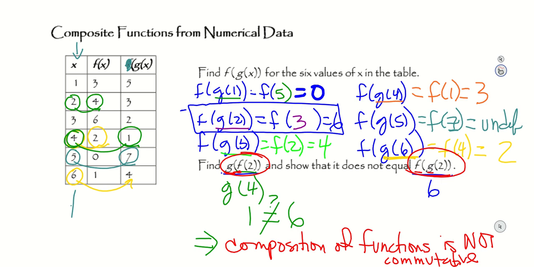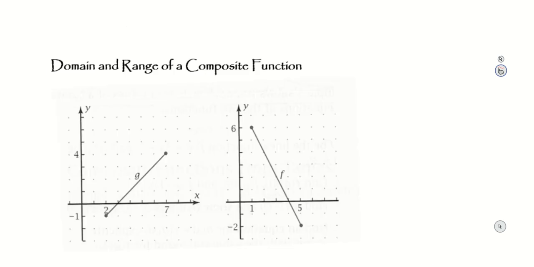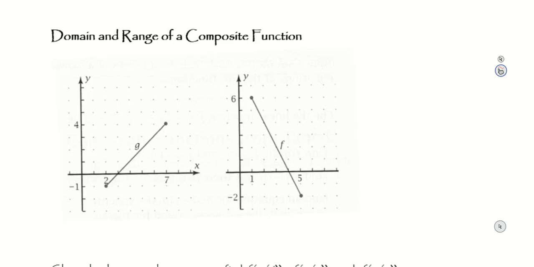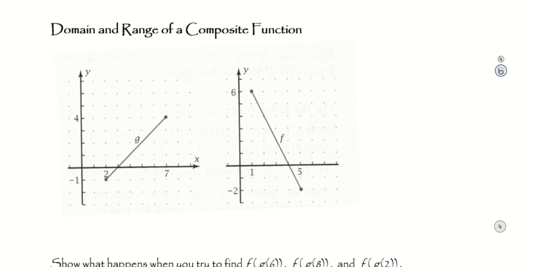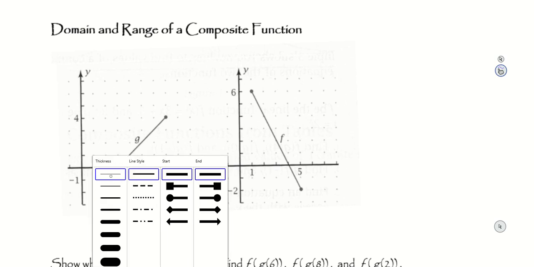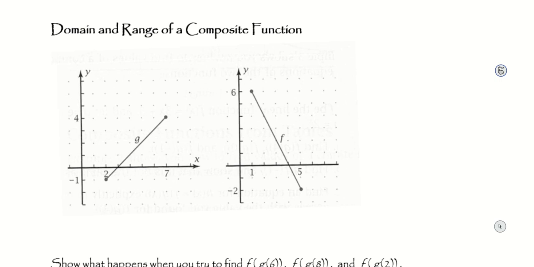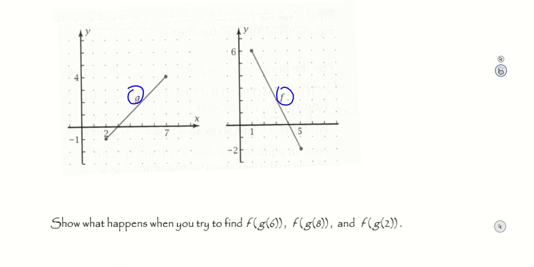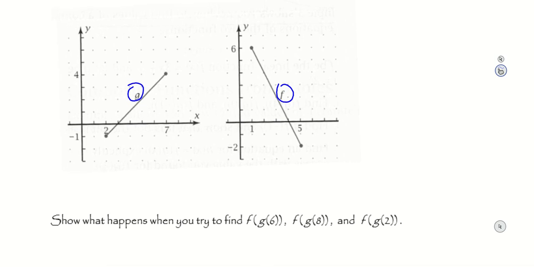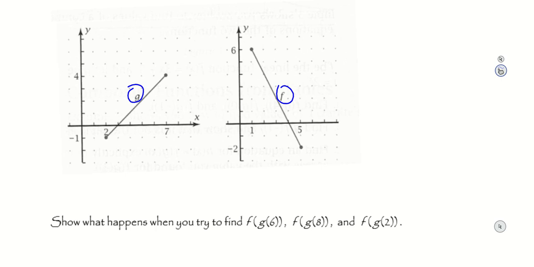All right, we're going to take a little bit of a look at domain and range of a composite function. So here we have a graph of G, and we have a graph for F. And I want to look at what would happen when we try to find F of G of 6. So if I want to find F of G of 6, I'm going to start with G of 6. I'm going to use my G graph.